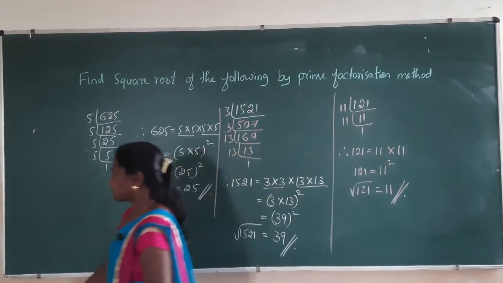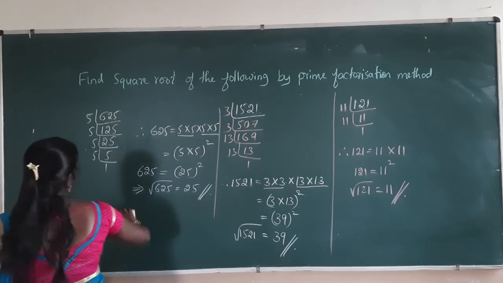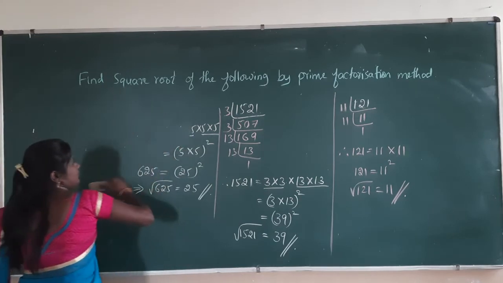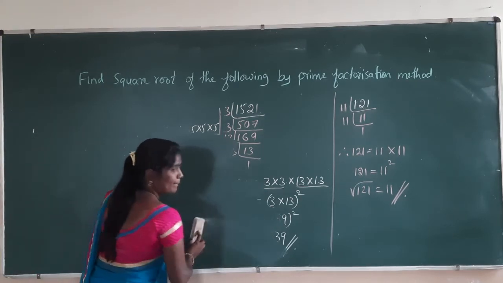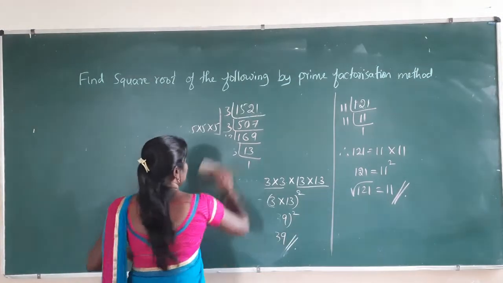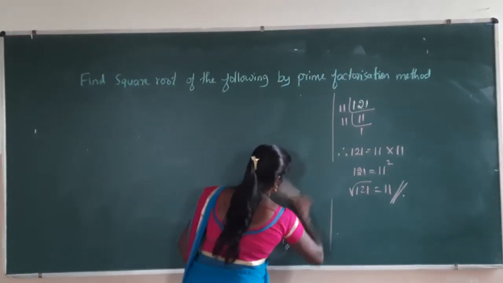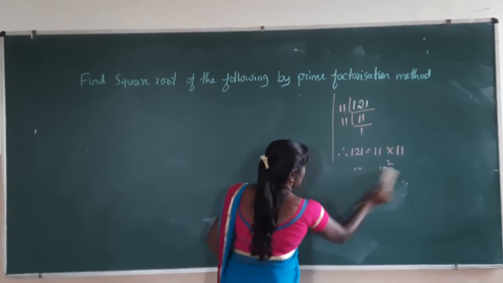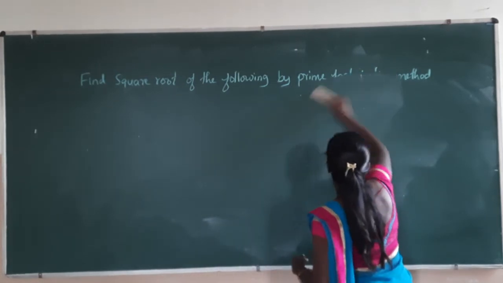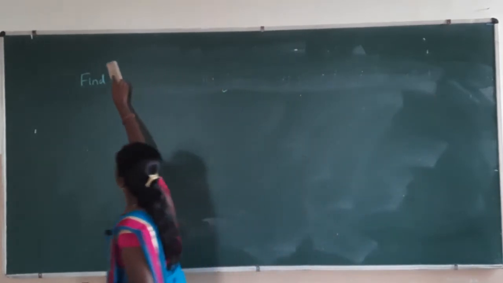Okay, so now let me move on to the maths tricks to find the square of any number. Yes, I'll show you how to find the square of any number.